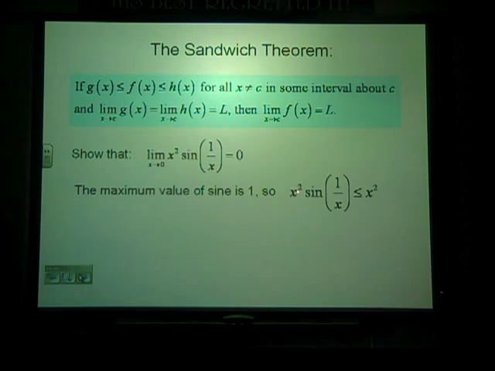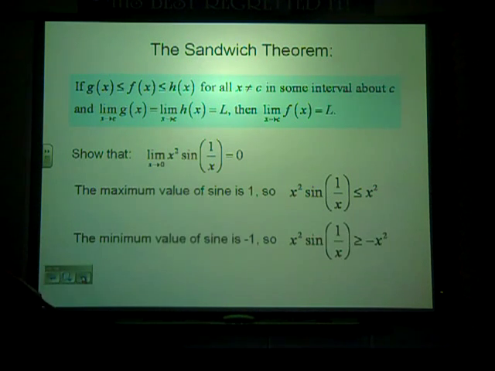So x squared times the sine of 1 over x has to be less than or equal to x squared, because 1 and 1 squared is the same. The minimum value of the sine is negative 1. So we also know that x squared times the sine of 1 over x, this whole thing, is greater than or equal to negative x squared. Because if you have negative 1 and you square it, there you go.